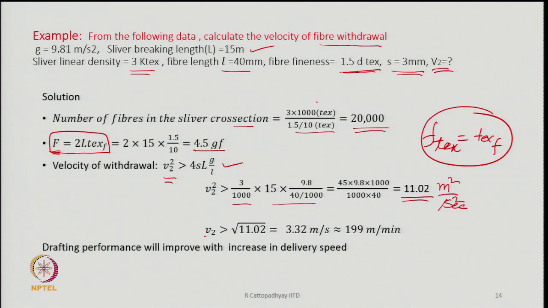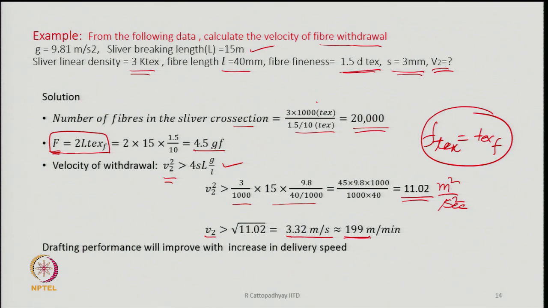And then V2 is going to be root over 11.02, and that gives you a figure of 3.32 meters per second, and I convert it into meters per minute by multiplying by 60, this gives you a value of 199 meters per minute.